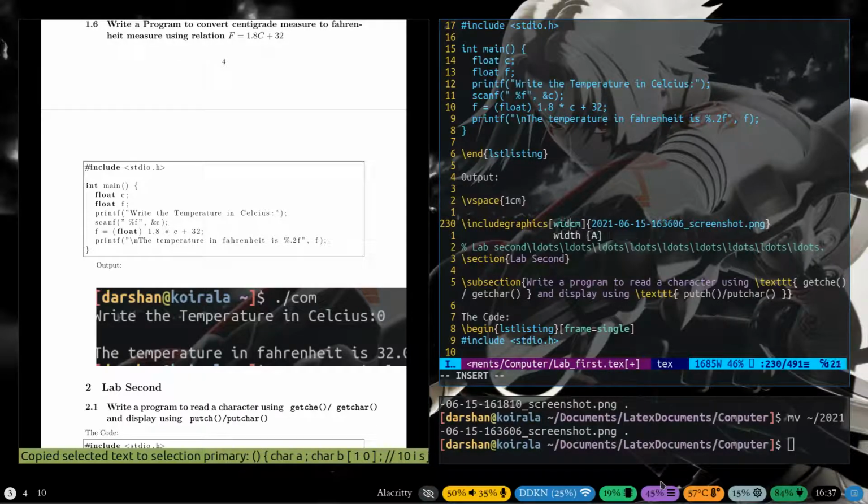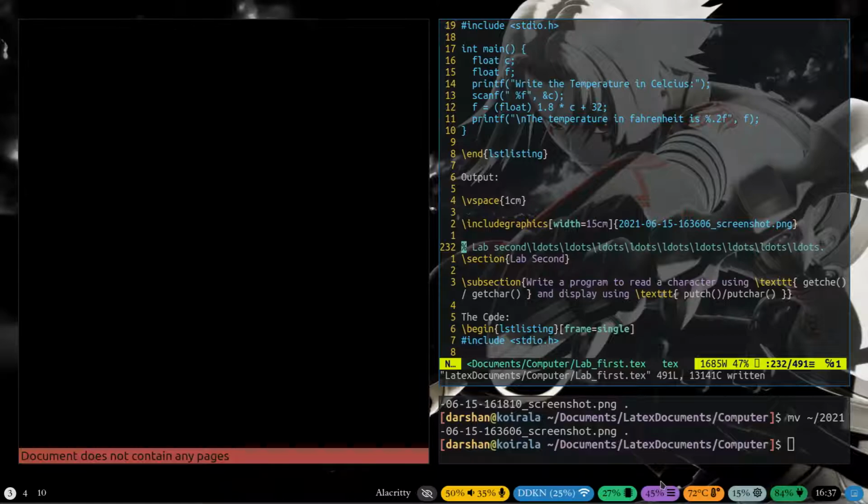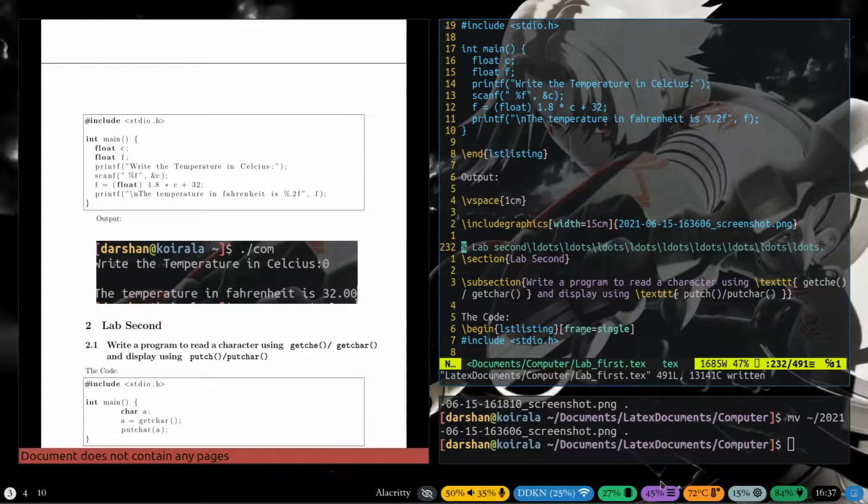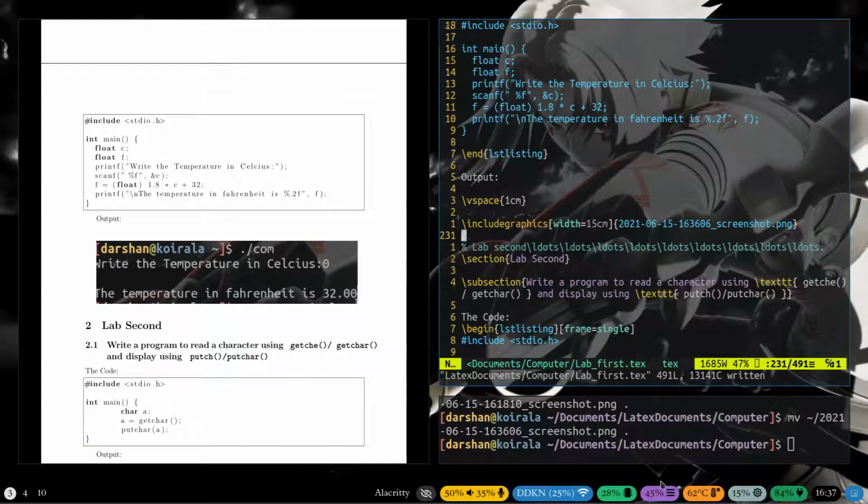Oh man, width. I forgot. Sometimes it happens. Okay. Lab section, graphics.